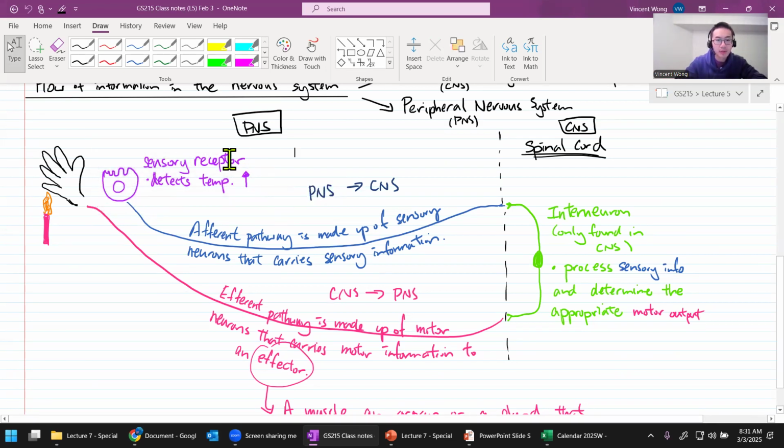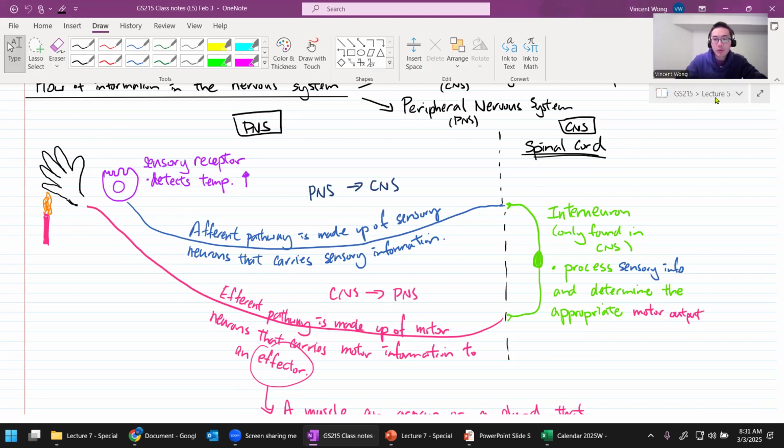The sensory receptor is the first point for triggering an action potential, an impulse that would go through your sensory neurons, which then will be processed at the central nervous system, and then the appropriate action would come out through the motor neuron, right?